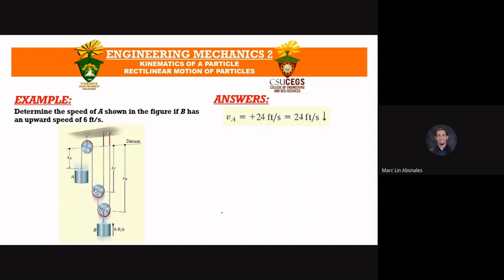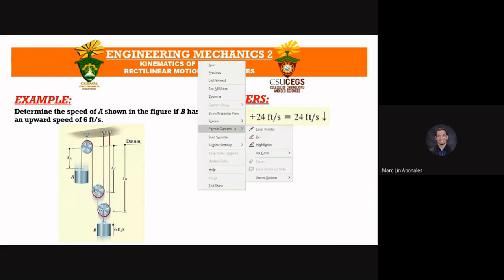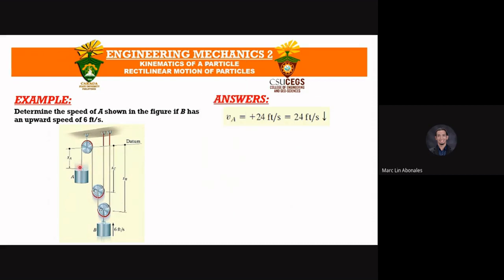For the second example, the difference from the first example is that we actually have two chord lengths. We have the first chord length, which is this one, and the second chord length. Since we have two chord lengths, we will establish two position coordinate equations.